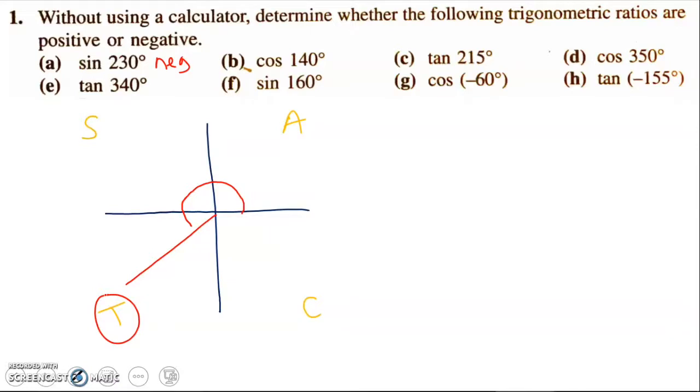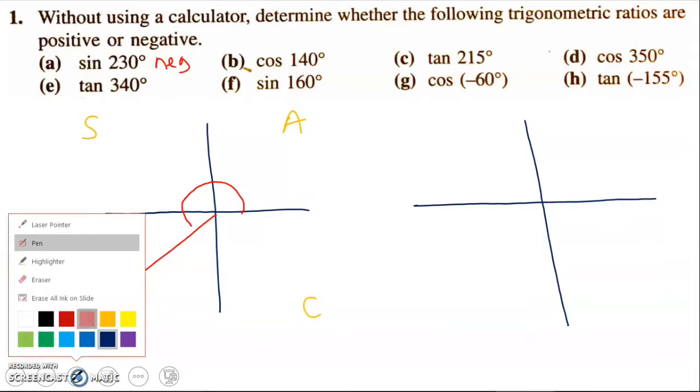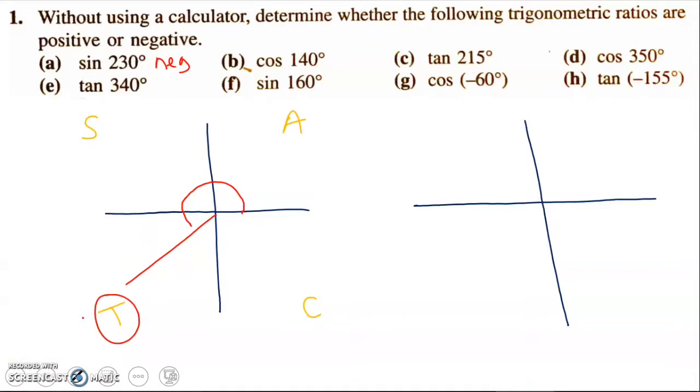Let's do maybe one more. How about something like H? So for H, I have tan negative 155. So I'm going in the opposite direction, this way. So there's where my trigonometric ratio is going to be. You just have to find out whether this is positive or negative.